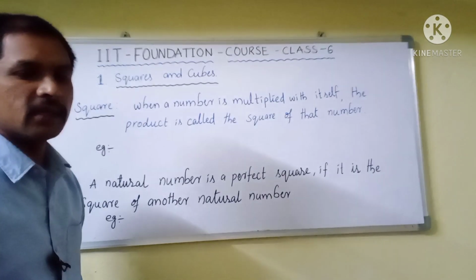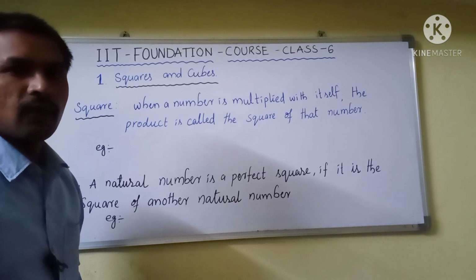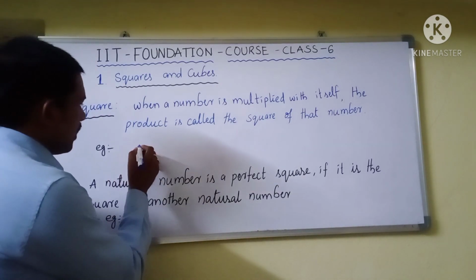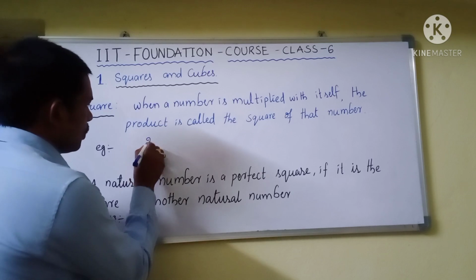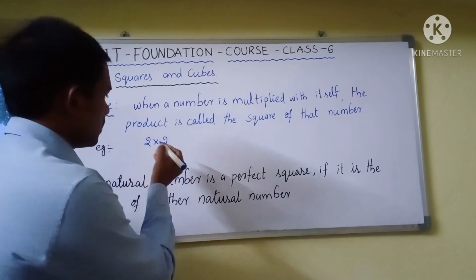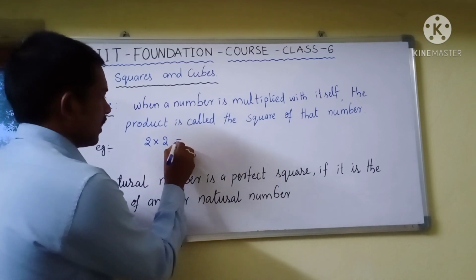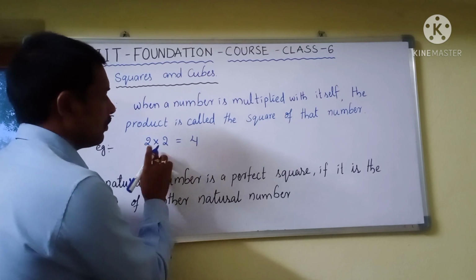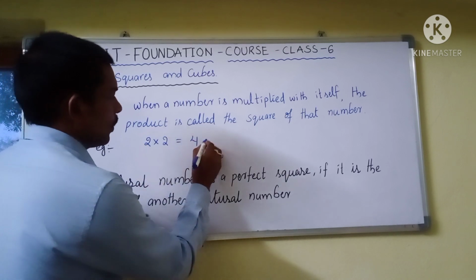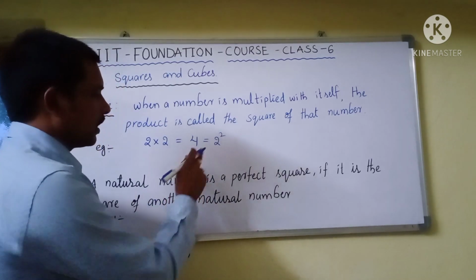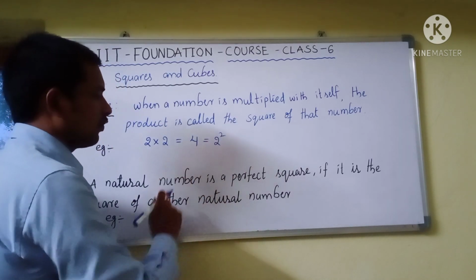For example, suppose 2 is multiplied by itself, then the product is 4. So 4 is the square value of this number. We can write this as 2 square, so the 2 square value is 4.